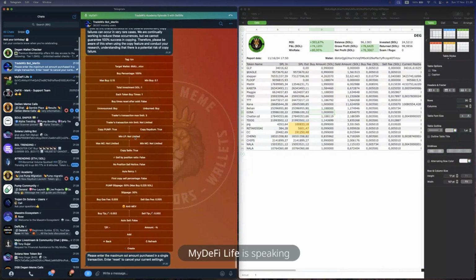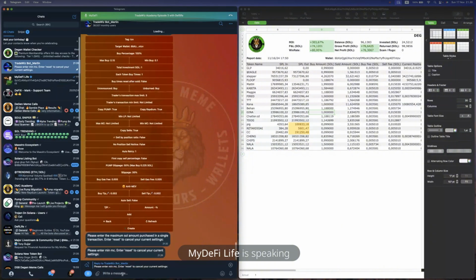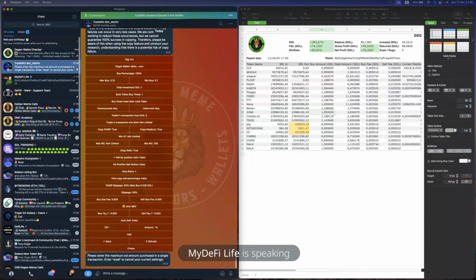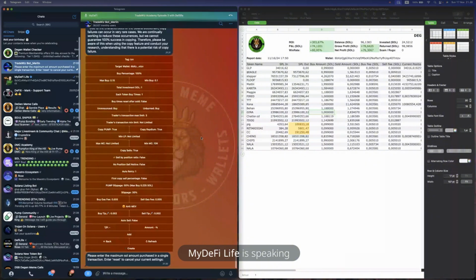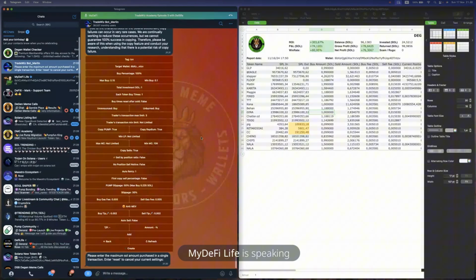Market cap, it's minimum LP. I don't set that, but I always set the minimum market cap to 10,000, just to try and avoid traders, because what I find is a lot of wallets will do a handful of good trades and then start getting into trying to snipe launches, or maybe they've realized they're being copied, and they'll start trying to snipe launches and try and shake off their copy traders.